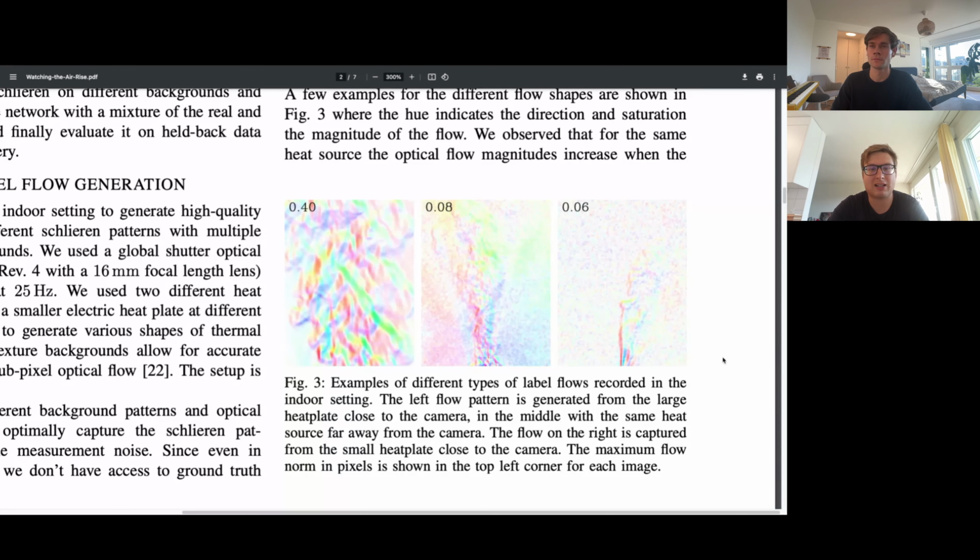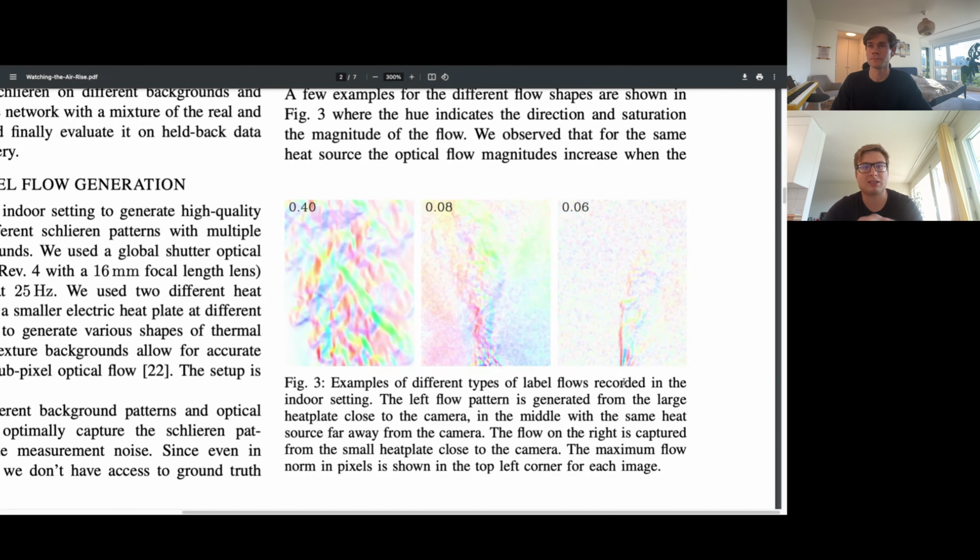On the right-hand side, it's the same heat source a bit further away from the camera, so there would be some region where we don't have any flow. And on the right, you can see the small heat plate, which usually at the bottom had some laminar flow. That's why you can see just one column going up and not, as on the left side, this chaotic behavior of the turbulent flow.